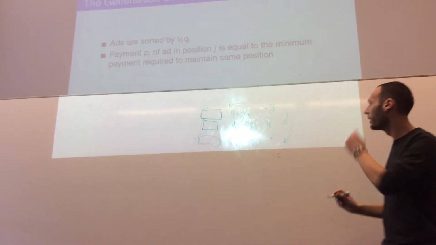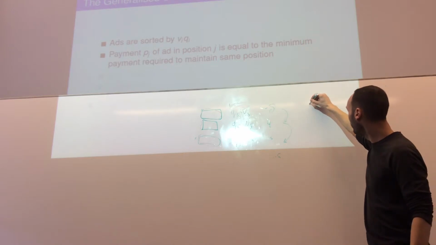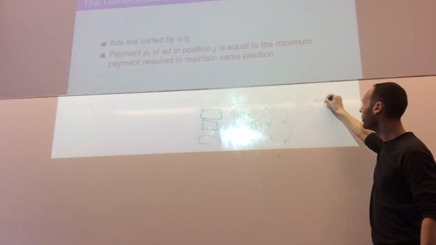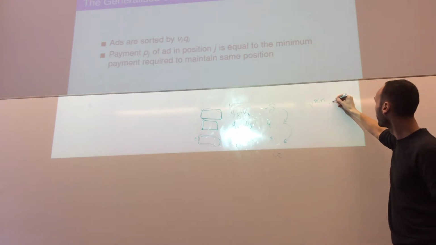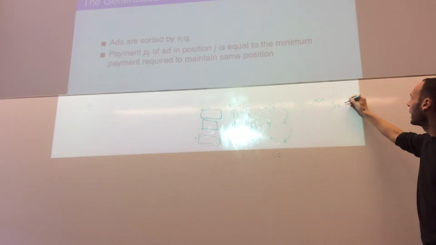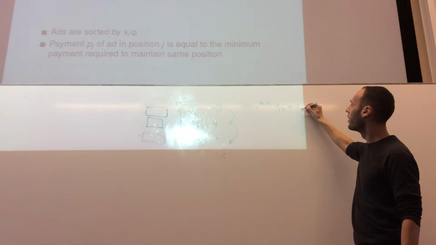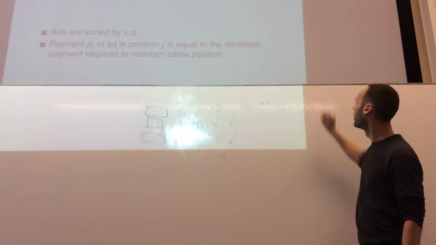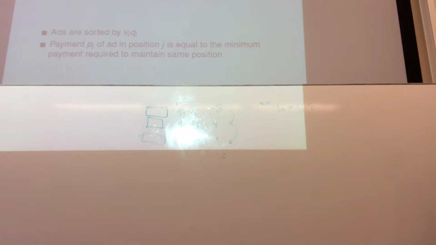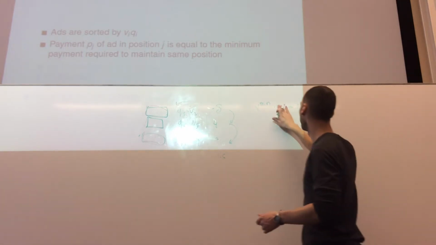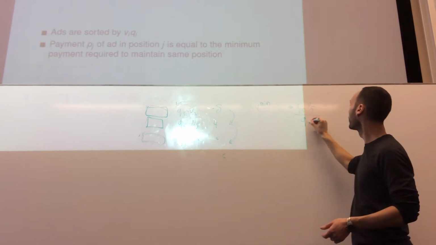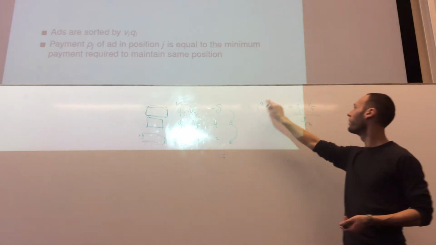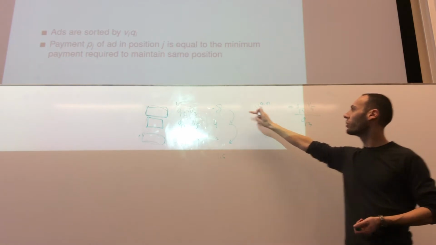We want to find the minimum value that we need to report such that it's equal to the expected value of this other slot, okay? And we can simply find that by dividing by Q3.